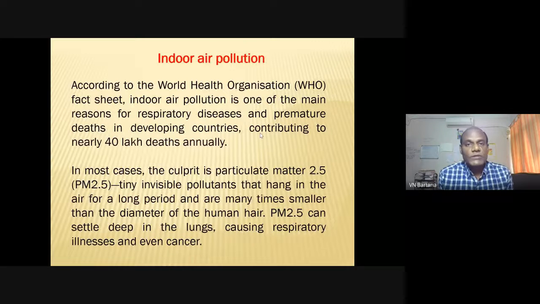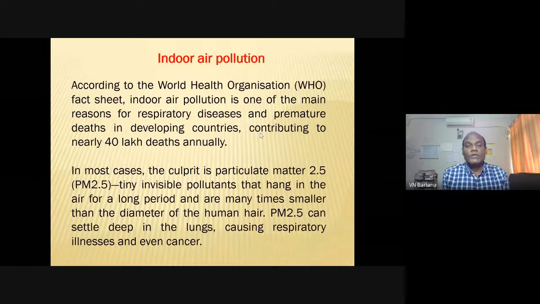Indoor air pollution. According to the WHO, World Health Organization fact sheet, indoor air pollution is one of the main reasons for respiratory diseases and premature deaths in developing countries, contributing to nearly 40 lakh deaths annually throughout the world.